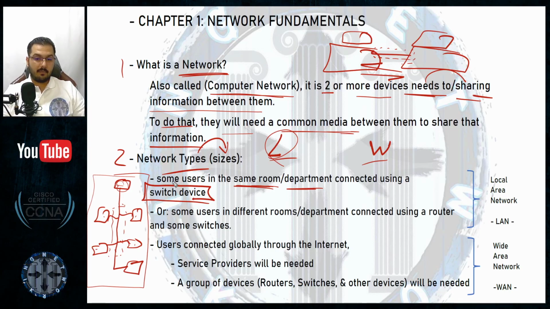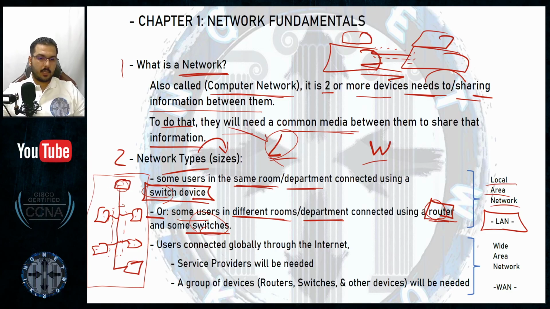But when you have some users in multiple rooms or multiple departments but are connected via a router, okay, another strange name, and some switches, in either case, these two networks are called a local area network, a LAN. So this is the L that I was referring to. This is type number 1.